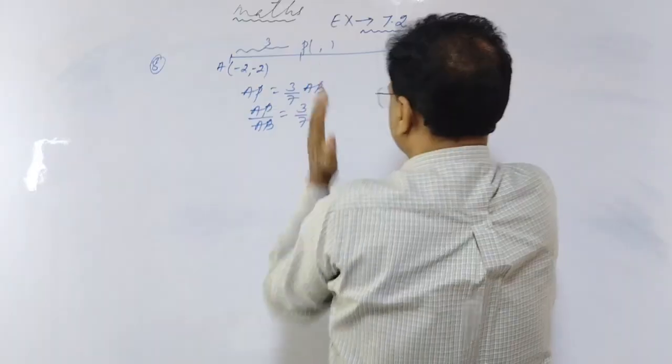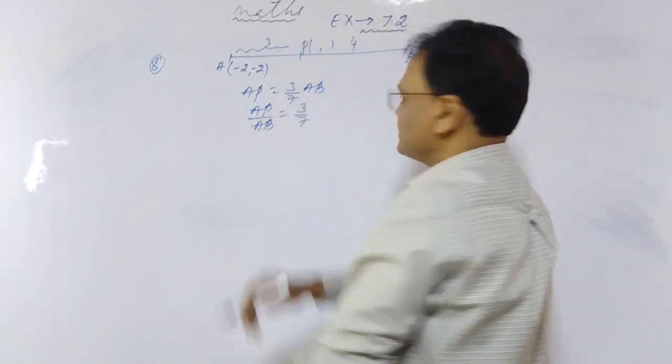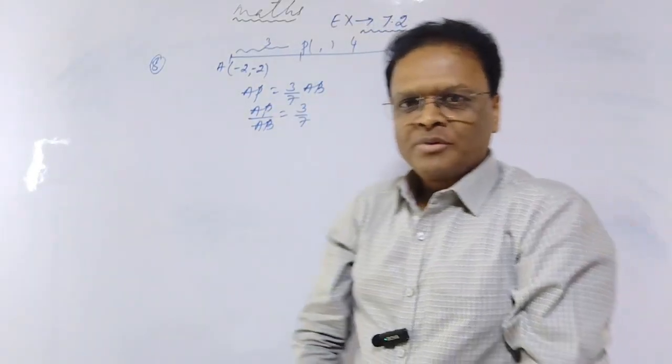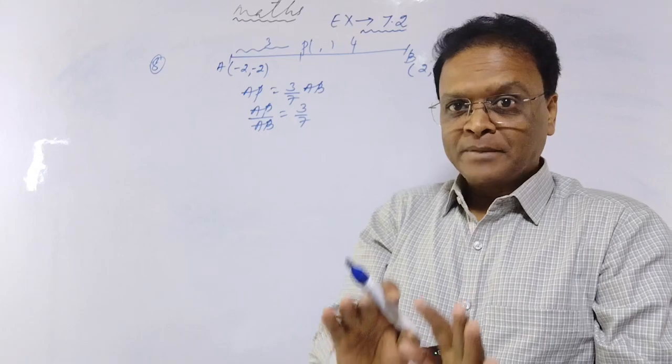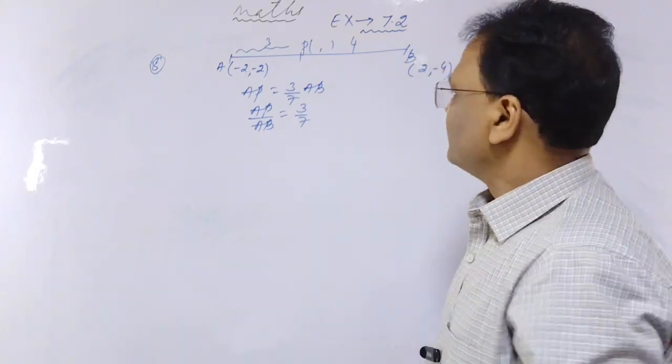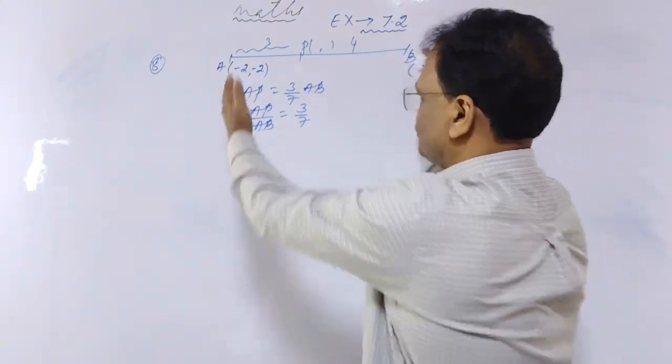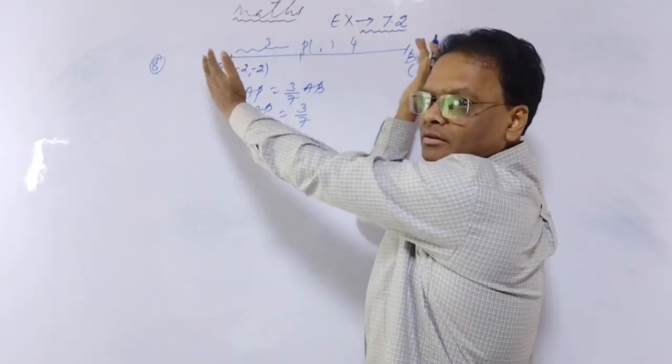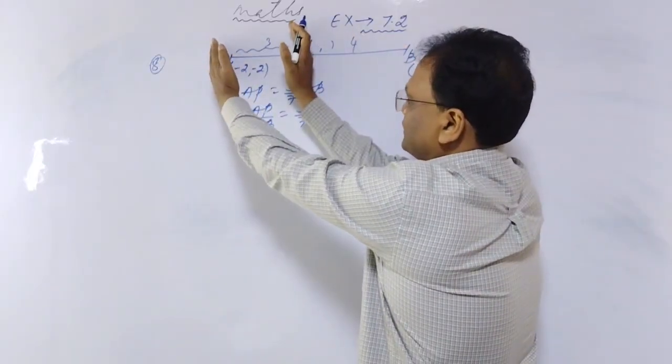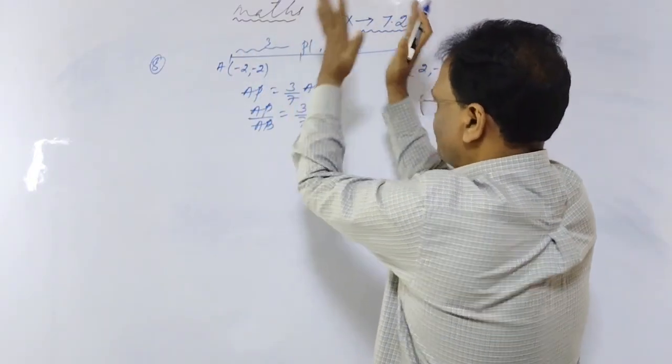So can I say PB will definitely be 4 parts? I hope you understand. Because AB is 7 parts in total, and this is 3 parts, so obviously this will be my 4 parts.